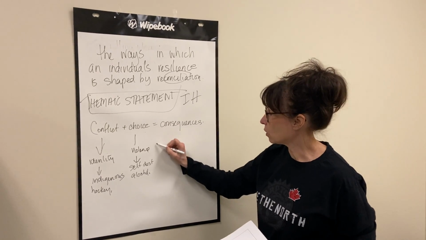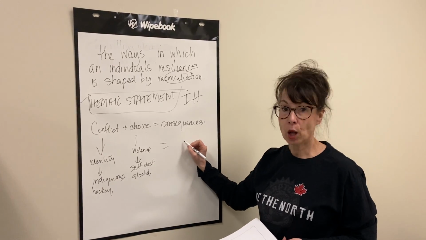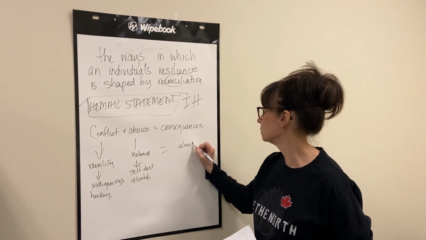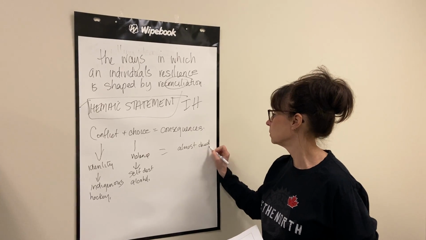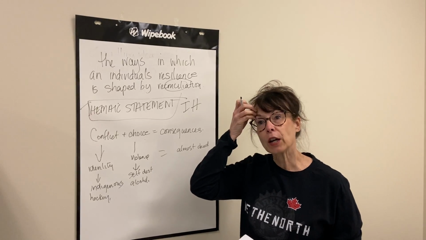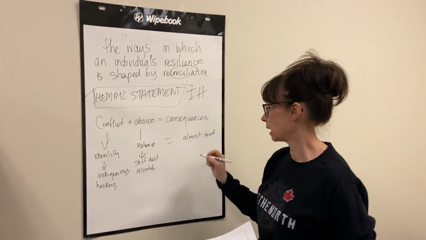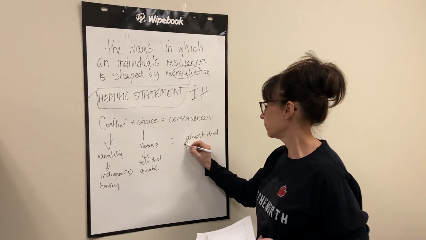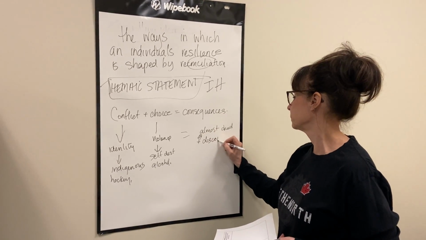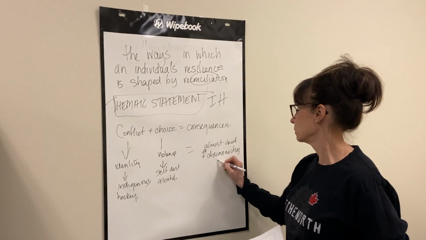He chose to do that. What were the consequences? He almost died. He had to go through therapy, and he had to face his demons by going back to the residential school, right? He disconnected from his family. Disconnection. Friends. Himself.